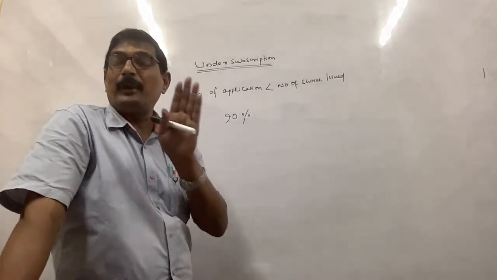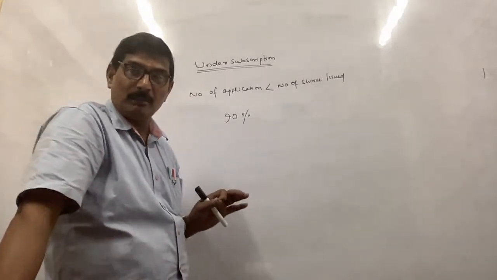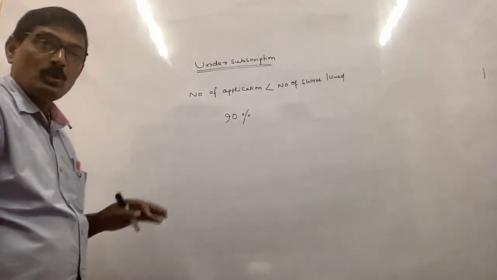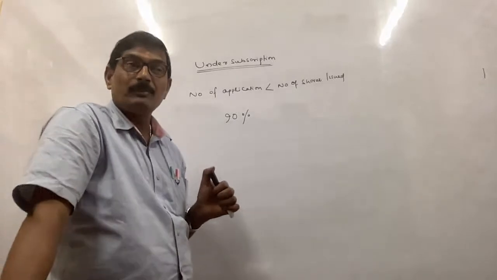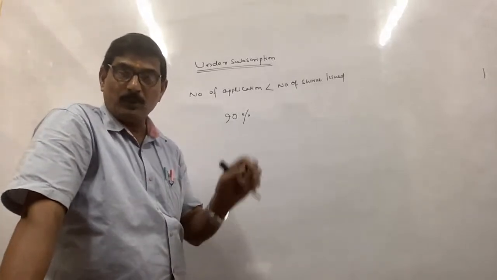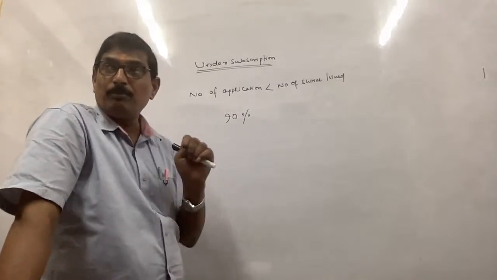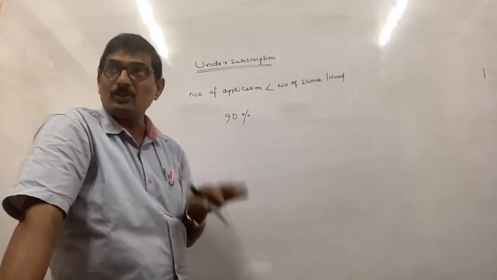If the company receives less than 90% applications, it is mandatory on the part of the company to refund the money received within 15 days from the date of closure of the issue.